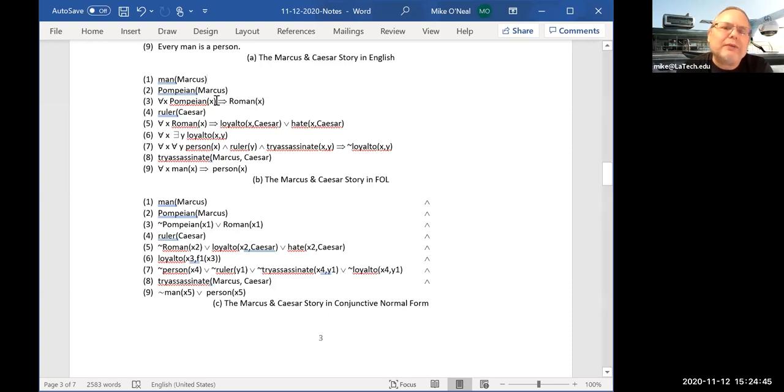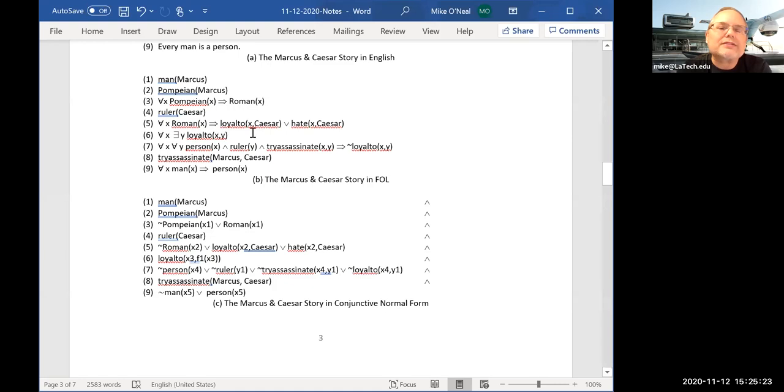Just like in programming, I'm using x here and x here, but if these are supposed to be different things, I better number them differently or I'm going to screw everything up. So that's where the x1 is coming from. So either not Pompeian x1 or Roman x1, and Caesar's a ruler, so ruler Caesar. So for 1, 2, and 4, I didn't have to do anything. 3 is just P implies Q, which is the same as not P or Q.